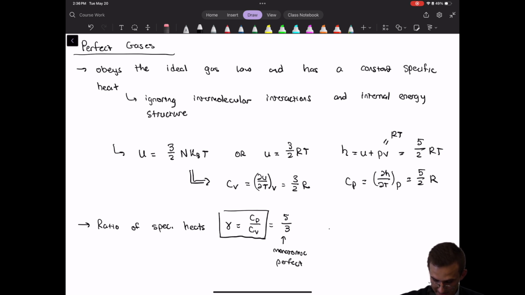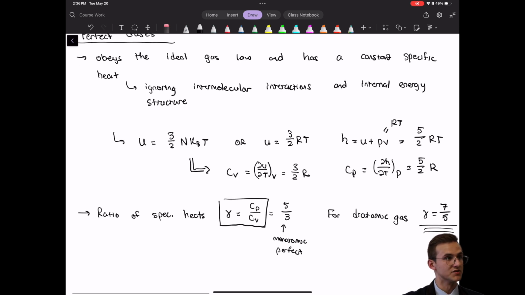For a diatomic gas, like air, which is approximately diatomic, gamma is equal to 7/5. So this is the value that you're actually more likely to be using, 1.4, when you do your analysis in this course. And that has to do with the excitation of those additional energy pathways.